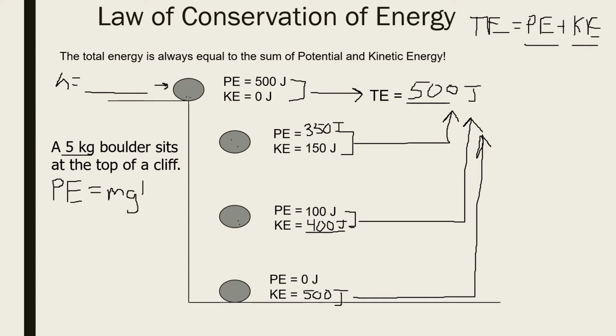And this is really important that we remember these equations. They aren't going anywhere. If I want the height at this top part, height depends on potential energy. So I'm going to use the potential energy equation, the only equation that has an H. I know that the potential energy is 500. 500 equals 5 times 10 times H.